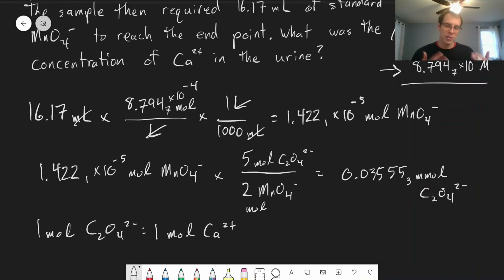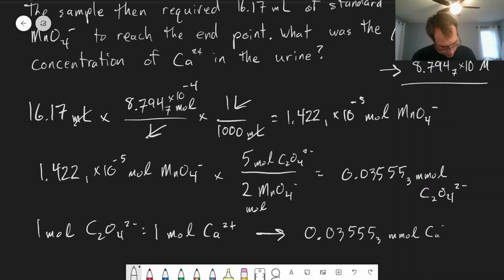We have to keep track of what's happening with all the reactions here. A lot of analytical chemistry calculations are, in some sense, bookkeeping: keeping track of how many moles react with how many moles, and making sure we have the stoichiometry correct. So the number of moles of oxalate is also the number of moles of calcium that was in the original solution, because we precipitated all of it out.